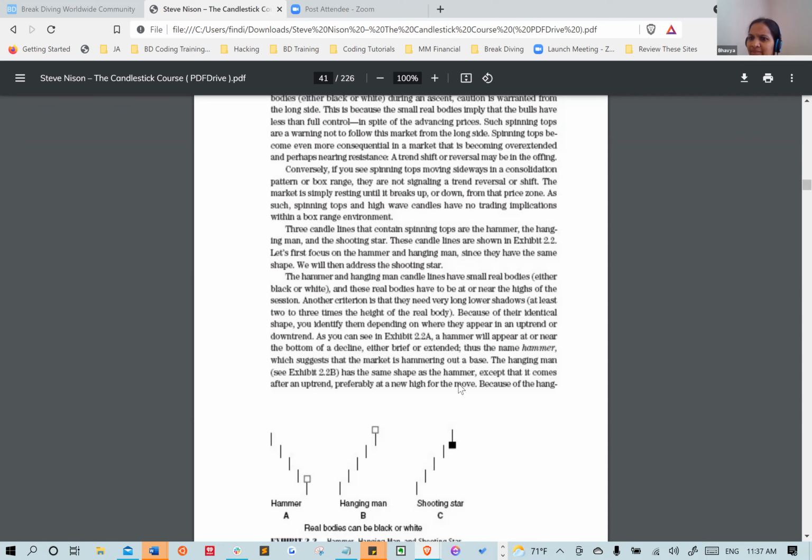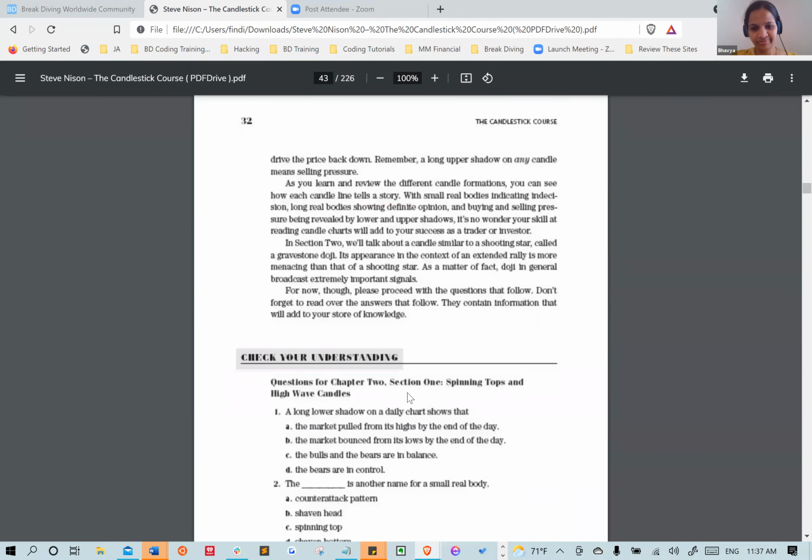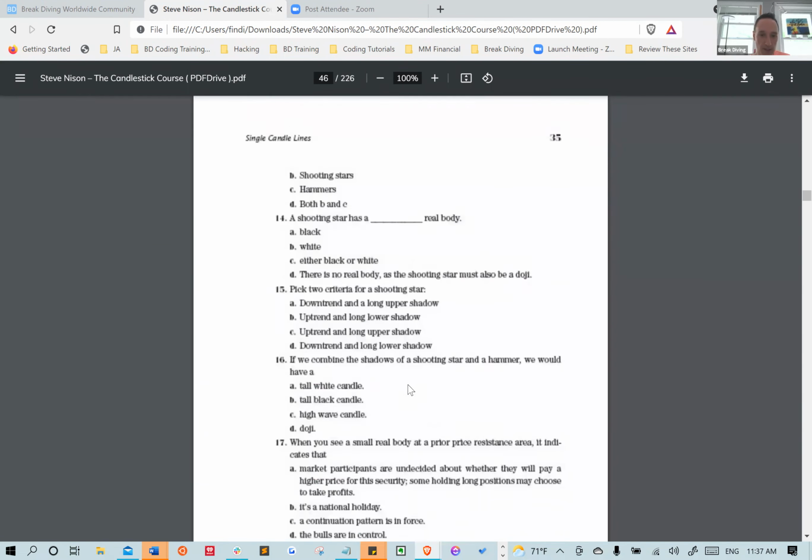I mean, the hammer needs the short downtrend. The hanging man needs a large uptrend. Not sure about it. So I'll just put downtrend, hammer; downtrend, hanging man, uptrend. For now, we'll learn more later. Okay.